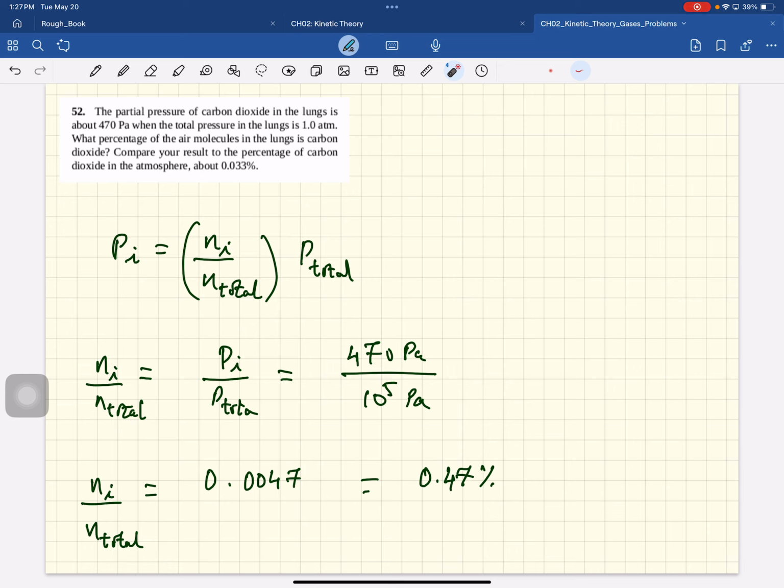So in your lungs, that's 15 times greater. This is when you're getting ready to breathe out. The blood has exchanged the oxygen and carbon dioxide with the air in the lungs, and now you're ready to breathe out.